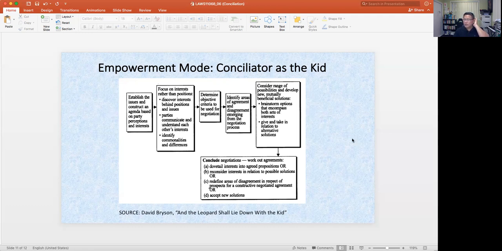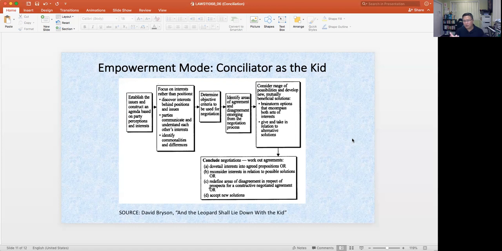And so the suggestion of David Bryson is mainly that instead of the conciliator adopting a power mode, where he is really driving the parties towards a settlement by focusing on the law and legal positions, Bryson is suggesting that the conciliator doesn't have to be the leopard, he can be the kid. And in that case, bring back to the parties the power for them to reach a settlement by focusing on their interests rather than the legal rights or legal positions.